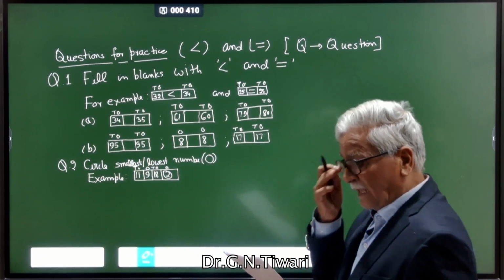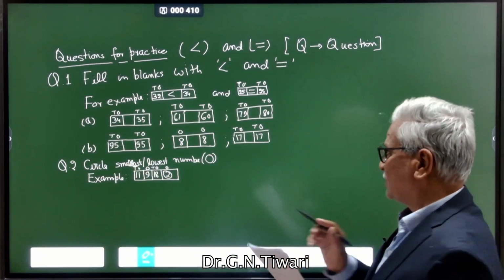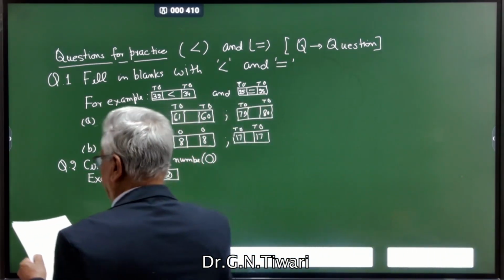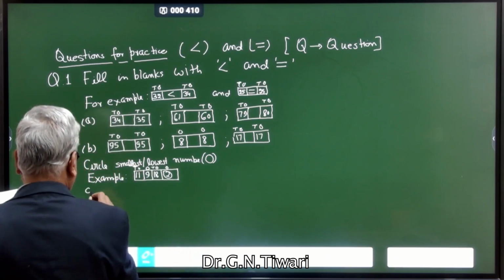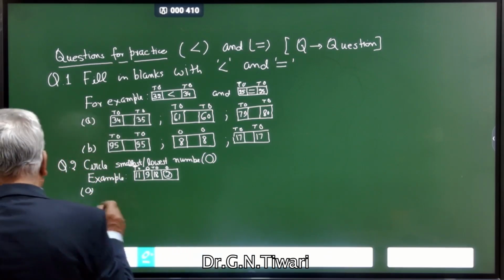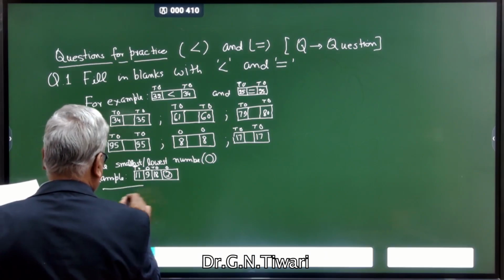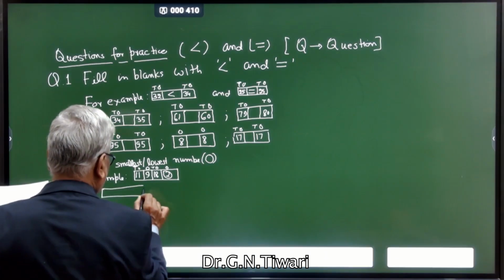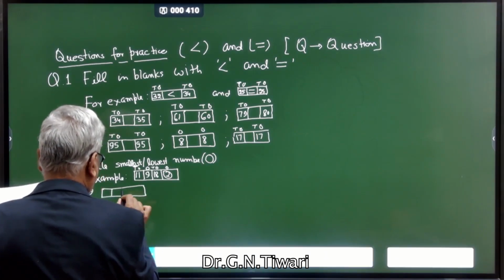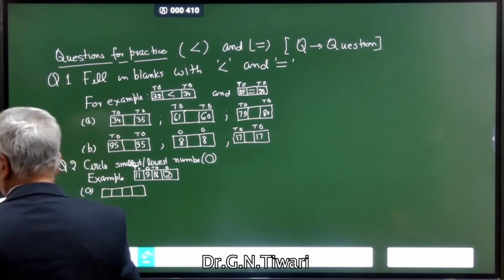Now, I am giving the question A. Make again 4. You can make 5 also, no problem. 1, 2, 3, 4.